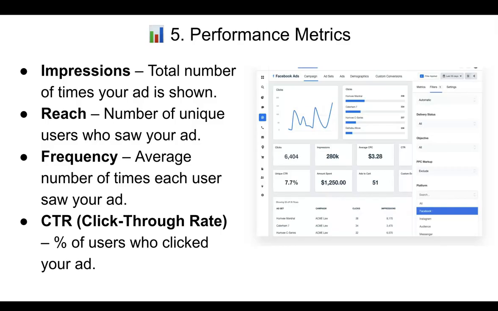And then you have reach, which is the number of unique users who saw your ad. Frequency is the average number of times each user saw your ad. Click-through rate is the percentage of users who clicked your ad.